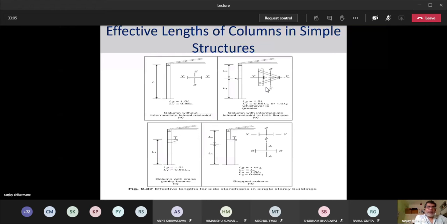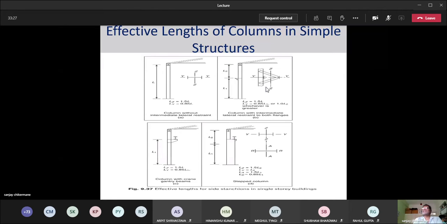In the z-axis, I'm looking at it as a cantilever. So I might end up getting a higher L if I'm looking at Z and a lower L if I'm looking at Y, because restraints are also planar restraints. So the length of the member also changes.